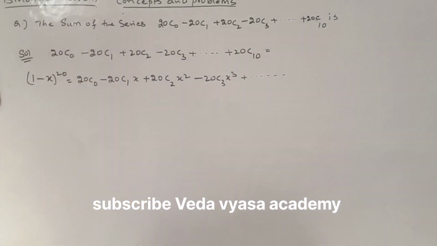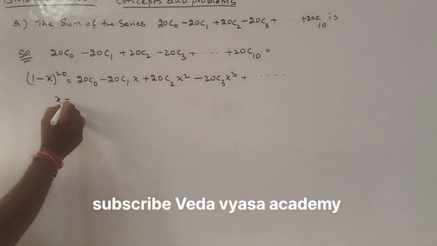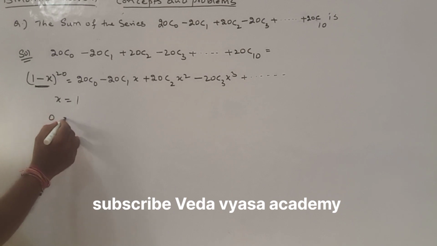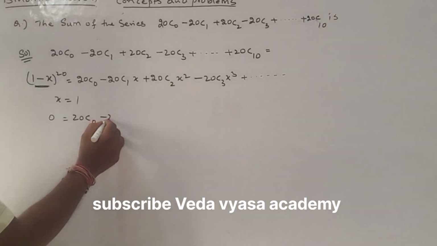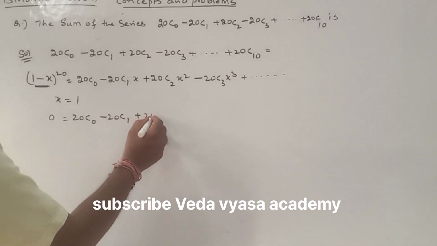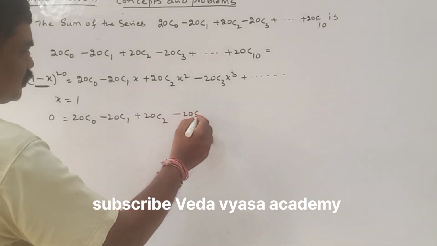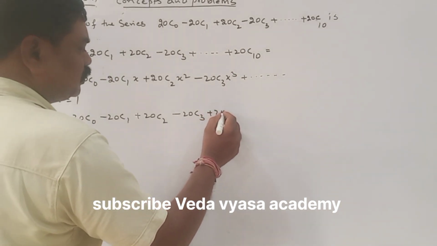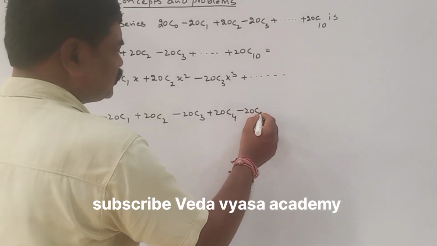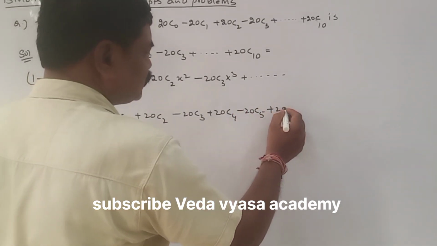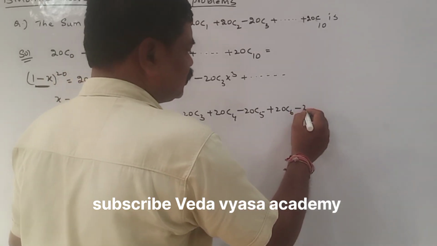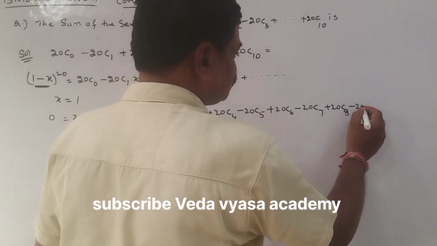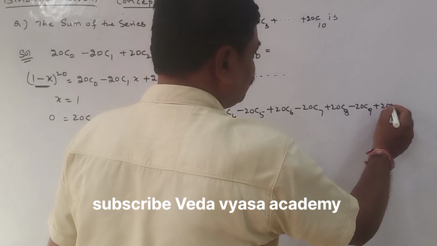If you take x equal to 1, the value is 0. So 0 is equal to 20C0 - 20C1 + 20C2 - 20C3 + 20C4 - 20C5 + 20C6 - 20C7 + 20C8 - 20C9 + 20C10.